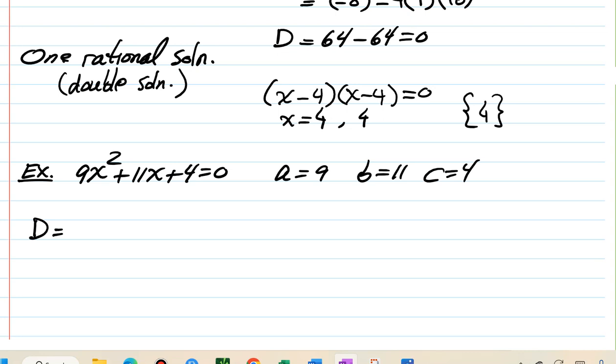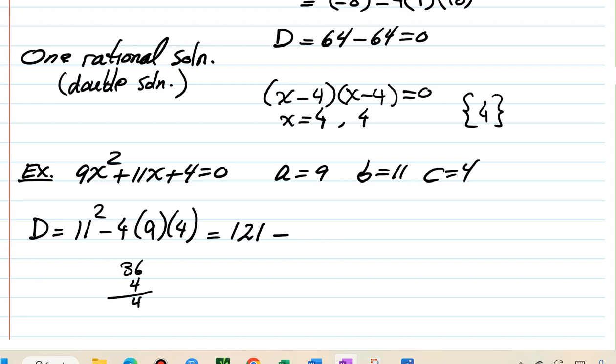Discriminant D is going to be b squared minus 4ac. 11 squared is 121. 4 times 9, 36, times 4 is 144. Now 121 minus 144, that's going to be negative 23.